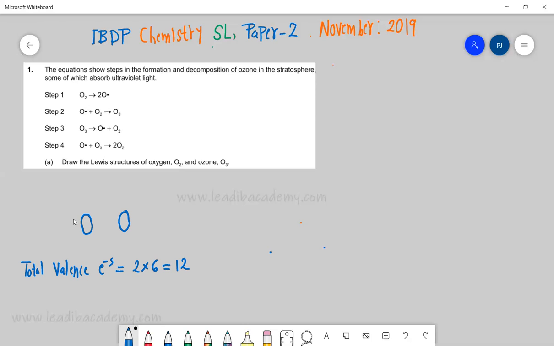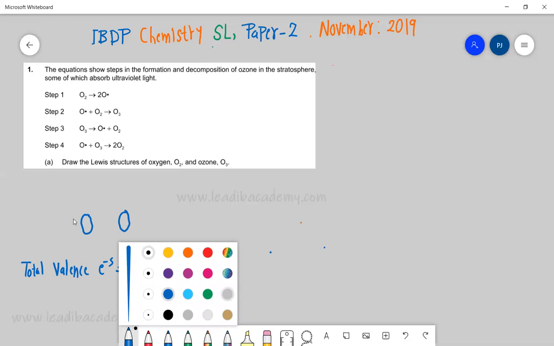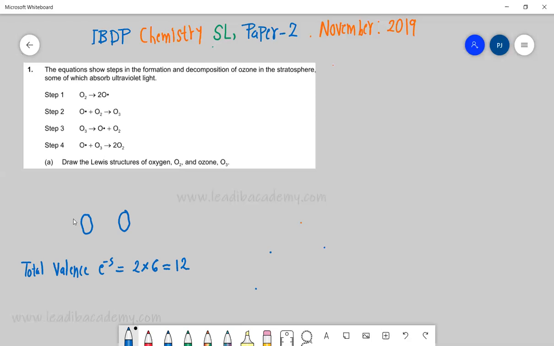First we will put electrons, and we will form a single bond between these 2 oxygen atoms. That is the first step. So we have consumed out of 12 basically 2 electrons. Simple.